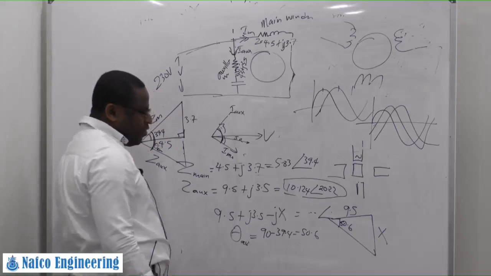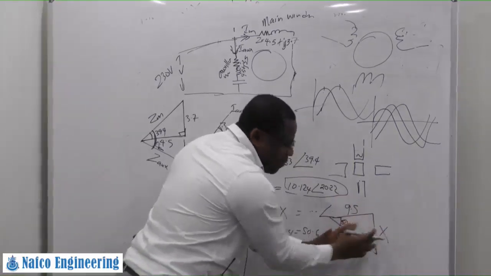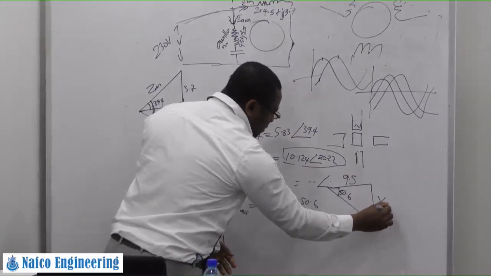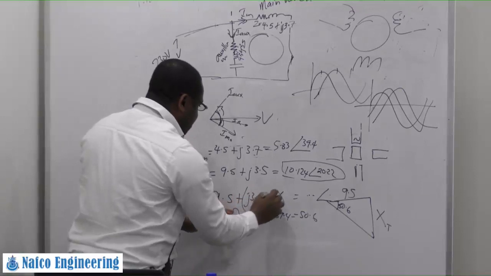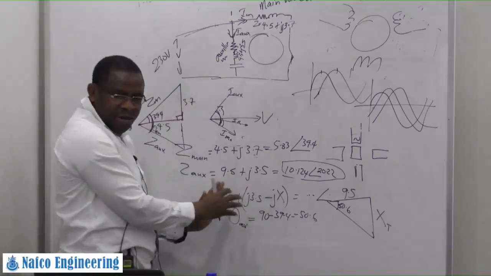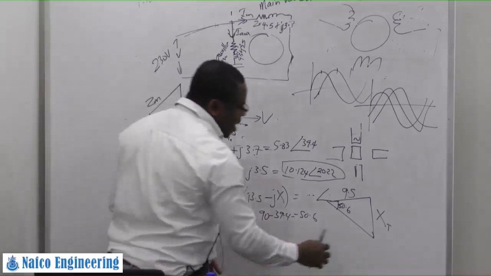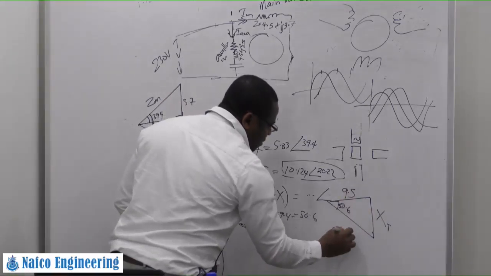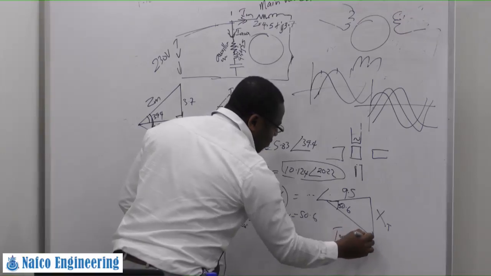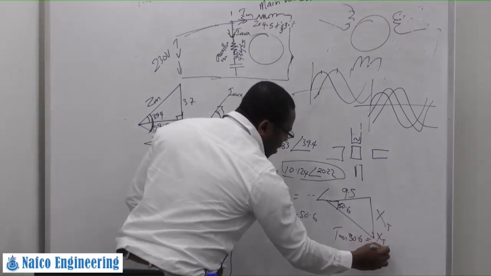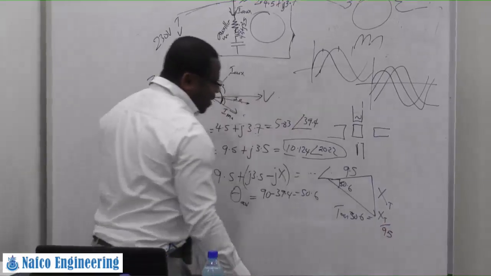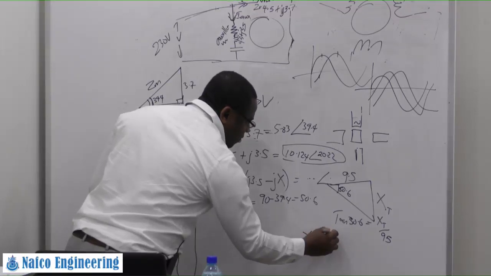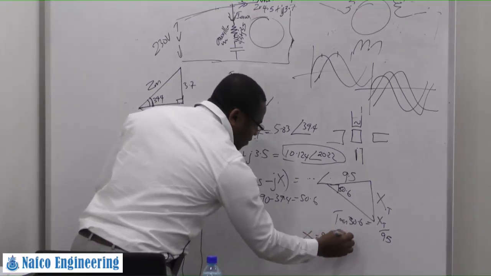So if I want to know that total capacitive reactance, which is the whole of this, the imaginary side, isn't it? I can just say opposite over adjacent: tan 50.6 equals XT over 9.5. So that XT is 9.5 tan 50.6.